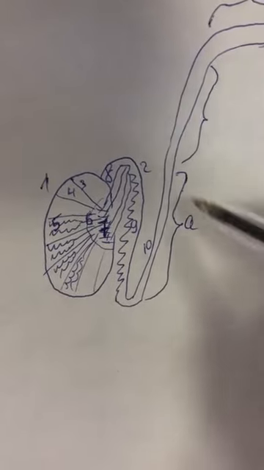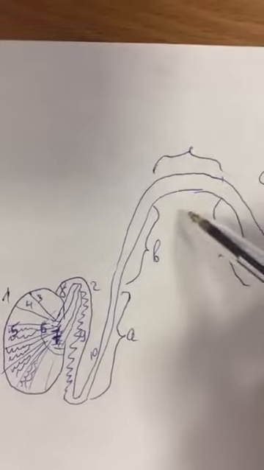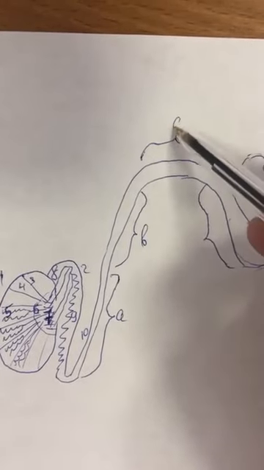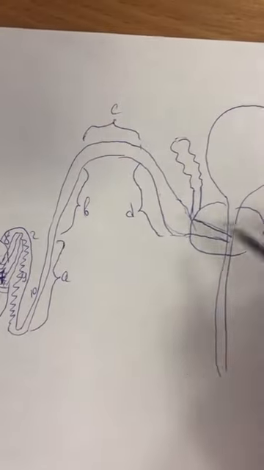That is letter A, pars testicularis, letter B, pars funicularis, letter C, that is inguinal part, and letter D, pelvic part.